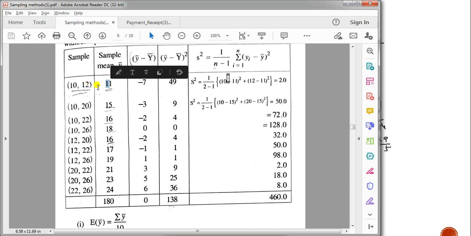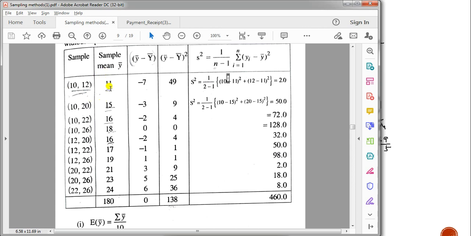So the calculated number is 11, 10 plus 12 divided by 2, 11, 10 plus 20 divided by 2, 10 plus 22 divided by 2, 10 plus 26 divided by 2, 12 plus 20, 32 divided by 2, 34 divided by 2, then 38 divided by 2, 42 divided by 2, 46 divided by 2, and 22, 26, 48 divided by 2. So these are my sample means of different samples. If this happened, then this will be the answer.